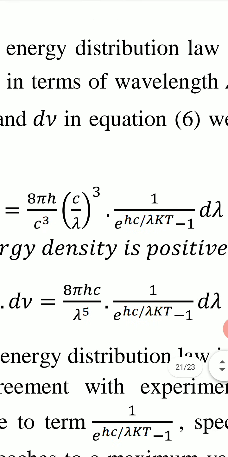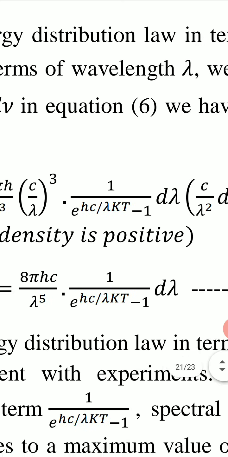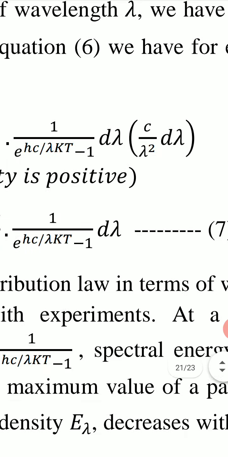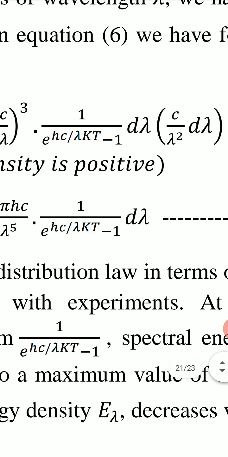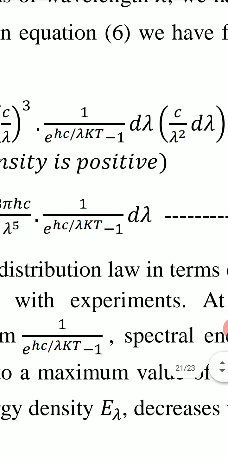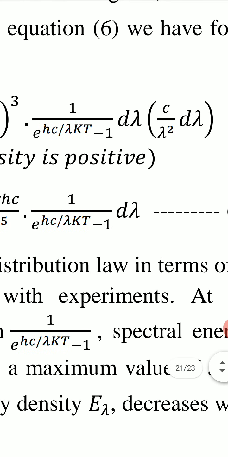We have put the value of nu equal to c upon lambda and the value of d nu equal to minus c upon lambda square d lambda. Minus sign is not taken here because energy density is not negative, it is always positive.